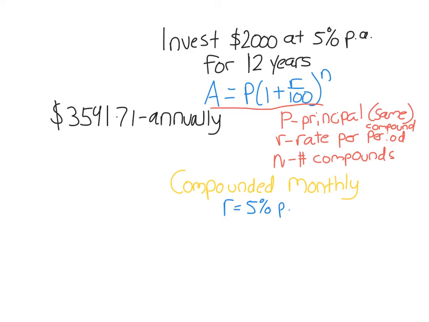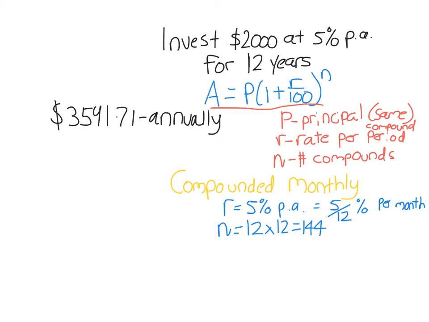So what it's actually going to be per month is 5 over 12% per month. So 5 over 12 is 0.416 recurring. So it's 0.416% every month. That is the number we need to substitute in the formula. And as I said, N will now be 12 compounds a year for 12 years, which is 144.